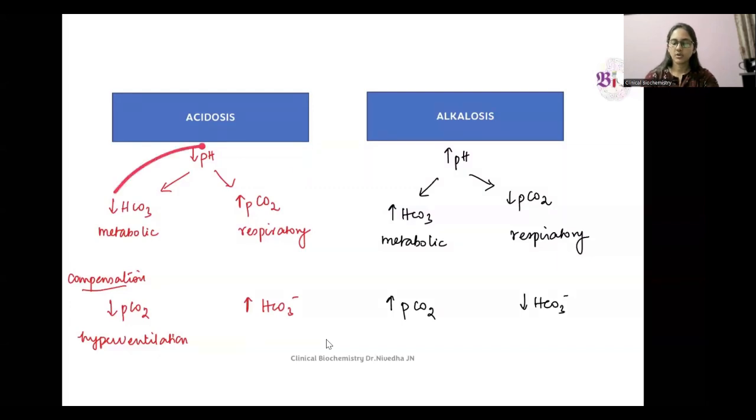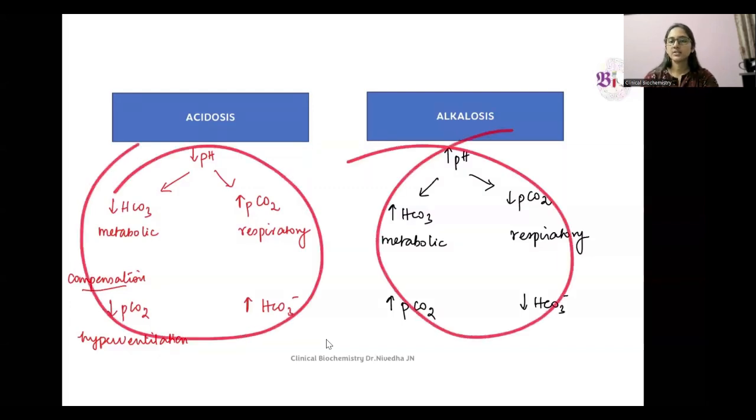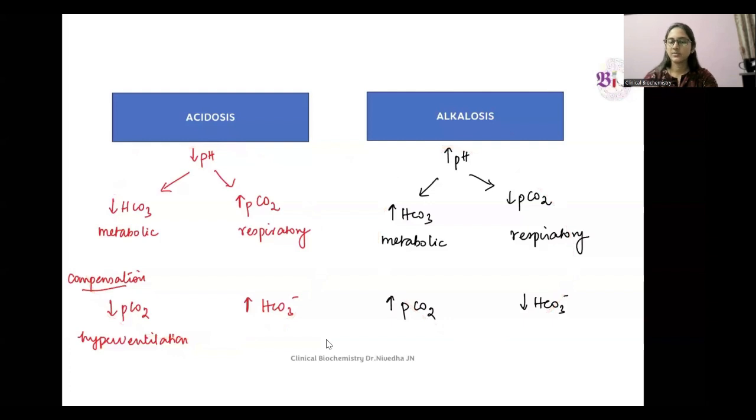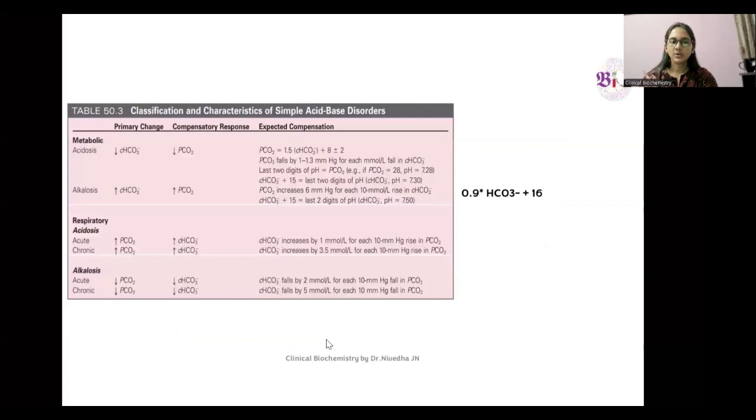So this is what it is all about, acidosis and alkalosis. We will look into the values and diagnose whether it is metabolic acidosis or alkalosis or respiratory acidosis or alkalosis. Is it fine? Next we'll see the compensation formulas.